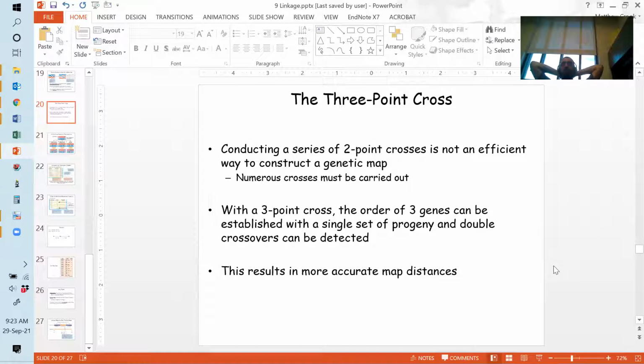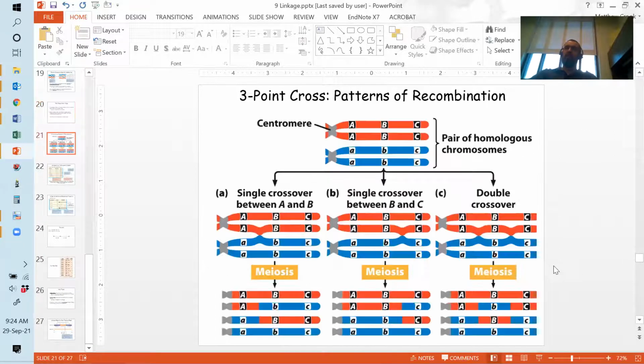Because if you do 3 genes per cross instead of 2, you can work out gene order for 3 genes with 1 cross instead of 3 crosses, right? So it just takes a lot less time. So it's much more efficient as well. And so essentially, this is what it looks like, right? This is a little bit of a scary picture.